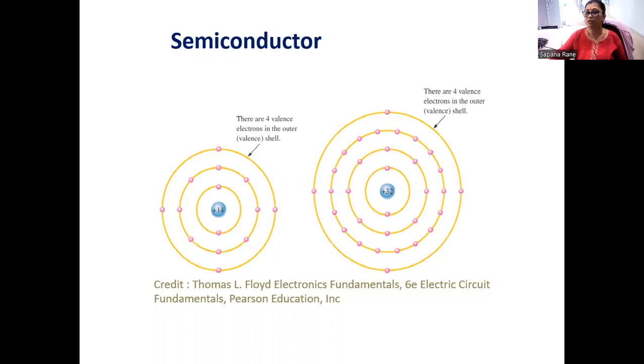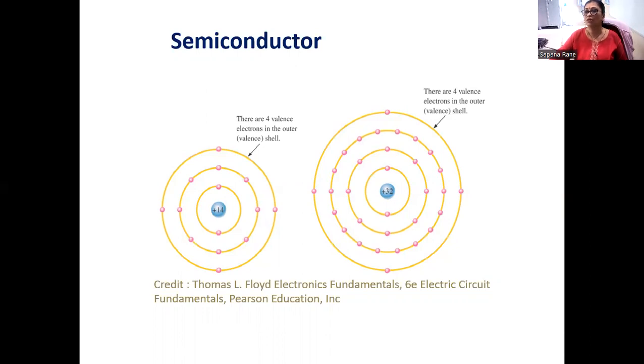Insulators are materials which do not allow any electric current to flow through them, and therefore they are bad conductors of electricity. Examples: wood, plastic, rubber, etc.